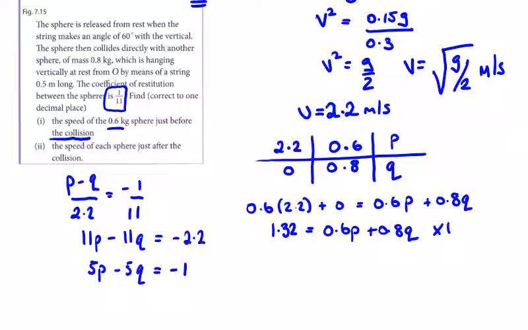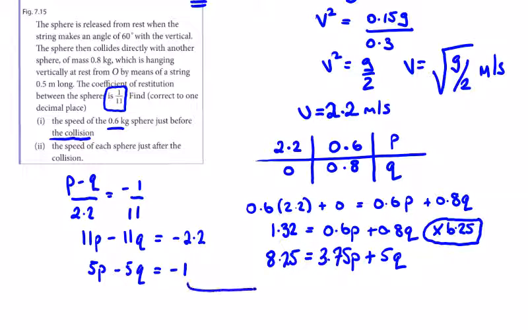If I multiply this one by 6.25, dividing 5 by 0.8 to figure out how we can cancel the q's, I'm going to get 8.25 is equal to 3.75p plus 5q. I'm bringing this one across. I'm going to get minus 1 is equal to 5p minus 5q.